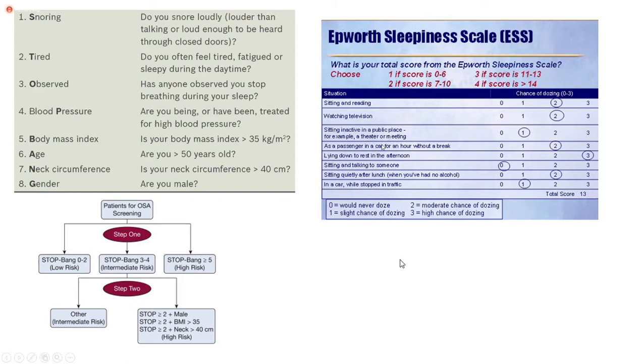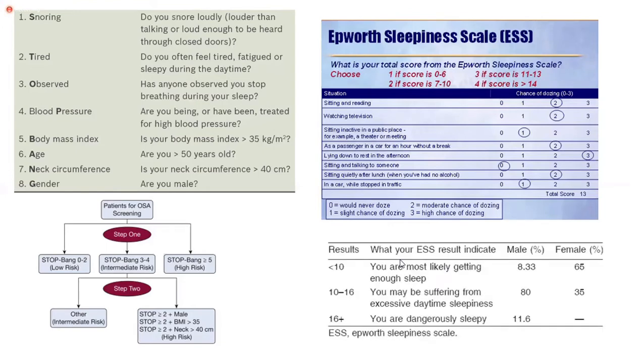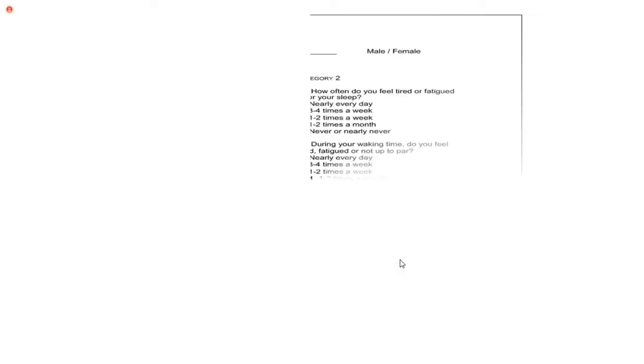So all these things are classified into the Epworth Sleepiness Scale, and based on the severity, you have to take more aggressive action to correct the OSA. So that is the use of this Epworth. This is one of the short note questions that can come in your theory paper, ESS or Epworth Sleepiness Scale, and its importance. It is important to treat the OSA aggressively if they have this problem.